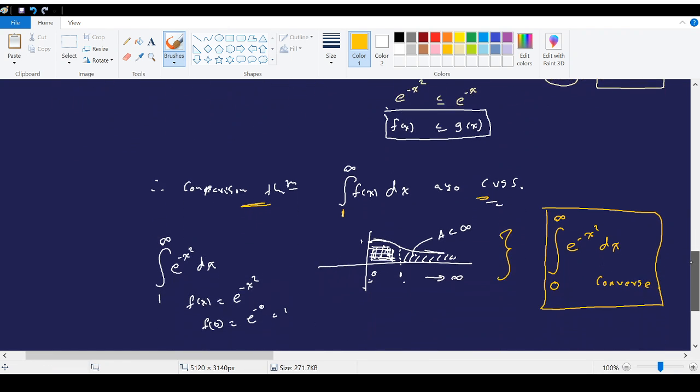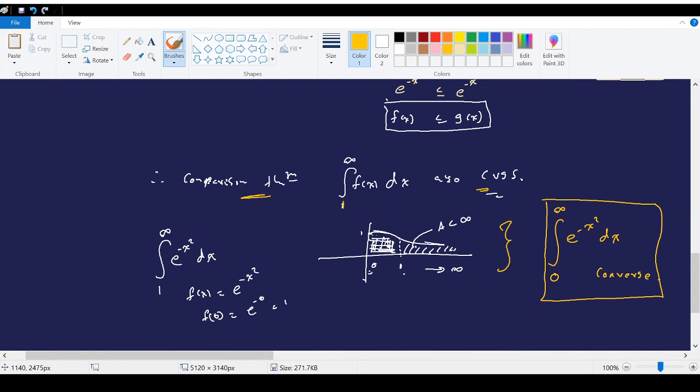And by considering the fact that you don't have any vertical asymptotes between 0 and 1, we can say that the area between 0 and 1 is also convergent, finite.